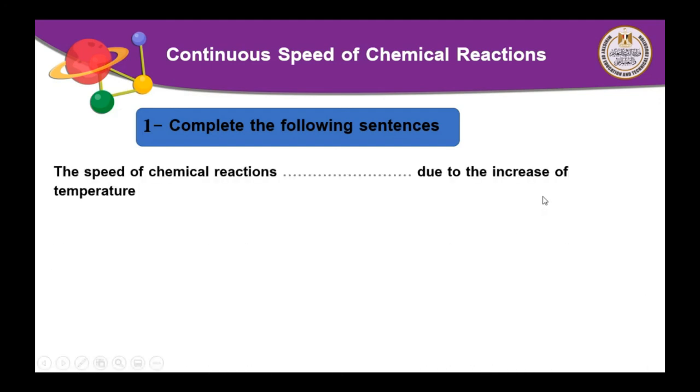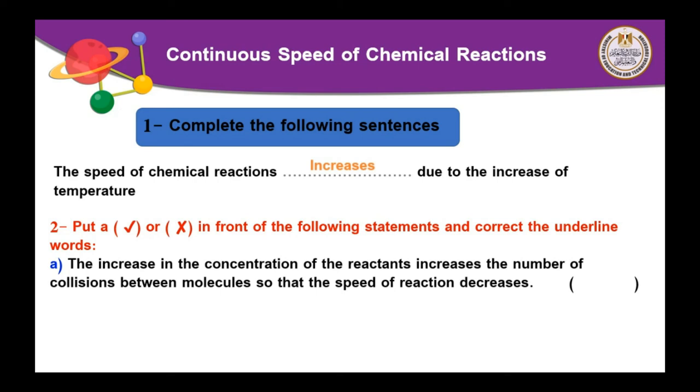The speed of the chemical reaction is increased due to the increase of temperature. What will happen to the speed of the chemical reaction by increasing the temperature? Will it increase or decrease? Yes, increases.